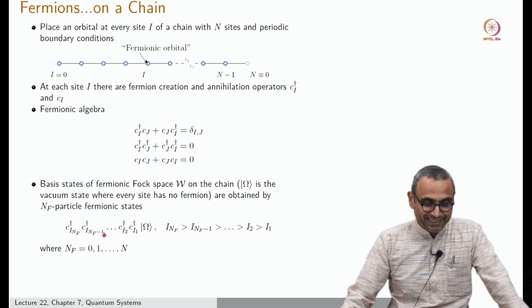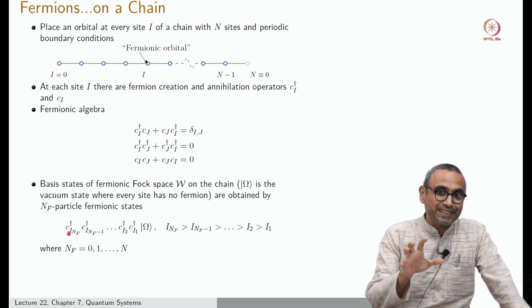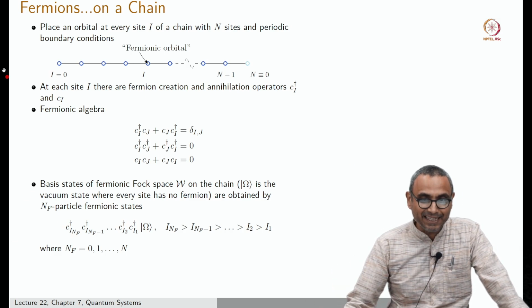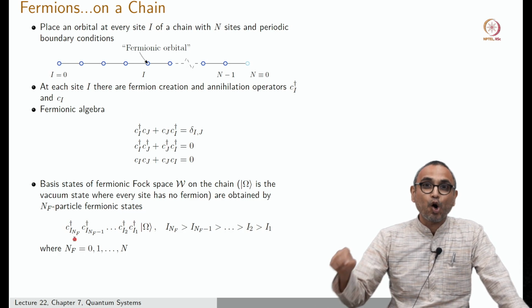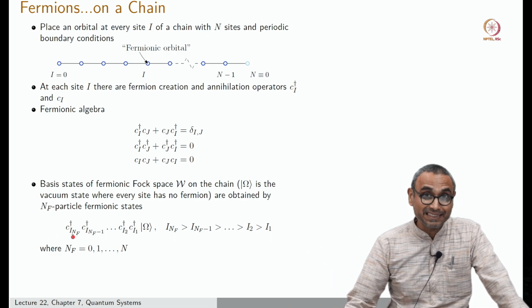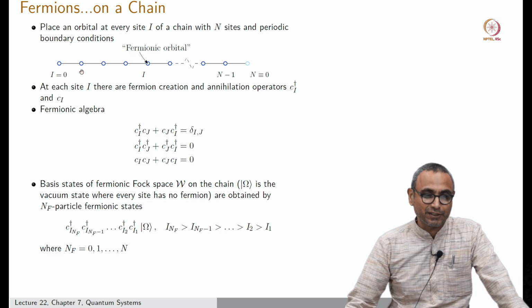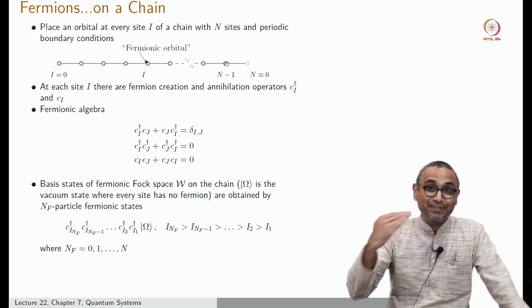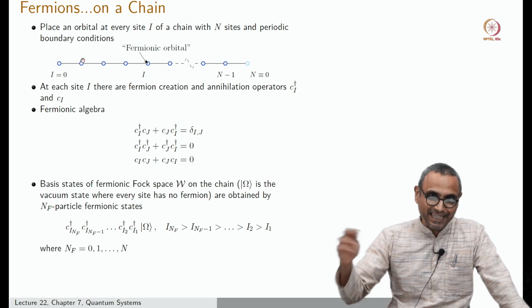Now the way we do this is, suppose I want to put N_F fermions. I will choose N_F sites out of these capital N sites, and I am going to order the sites in such a way that i_NF is the biggest of the i's and i_1 is the smallest. So let's say I am doing this for 3 particles, say i_1 is this, i_2 is this, and i_3 is n minus 1. Then the convention I am going to choose is that I will first create the smallest i particle, then the next one, and then the next one, and so on.